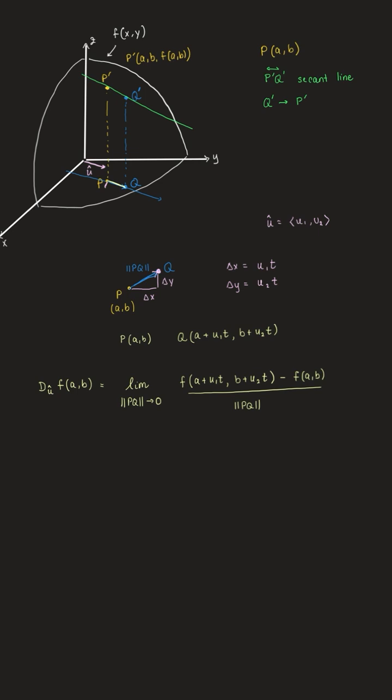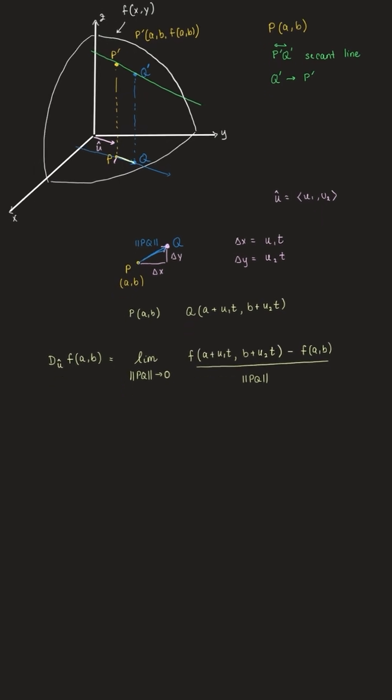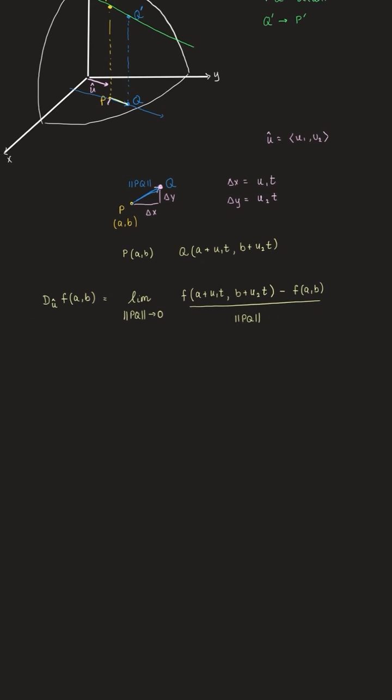So that is our working definition of the derivative, thinking about a limiting value of the slope of the secant line between P prime and Q prime. Now, let's work on this a little bit so we can get to our definition of the directional derivative.